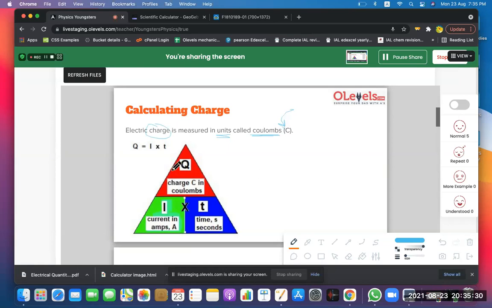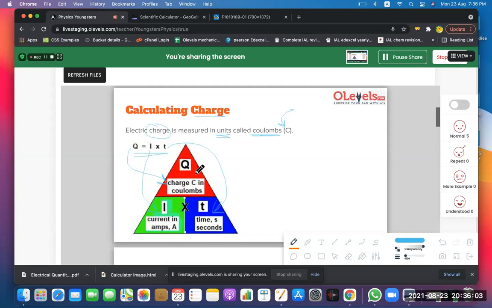And we have the formula Q equals I t when we want to calculate the charge. Here Q is the charge in coulombs, t is the time in seconds, small t, and capital I is the current in amperes.